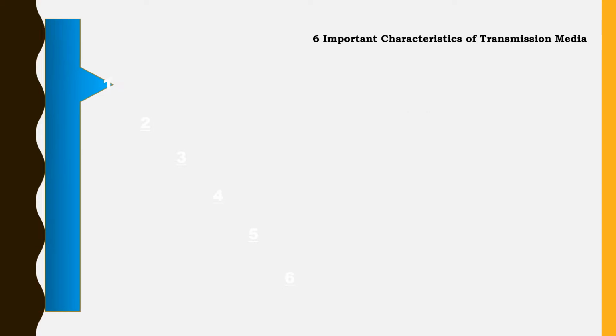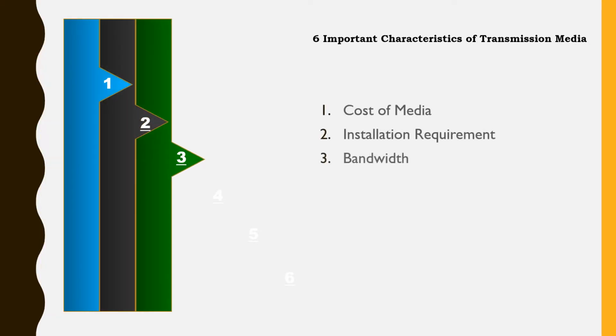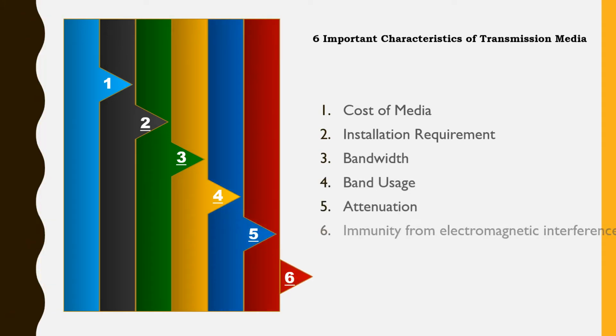The first point is the cost of media, then installation requirement, bandwidth, band use, attenuation, and the last one is immunity from electromagnetic interference. These are the important characteristics of transmission media.